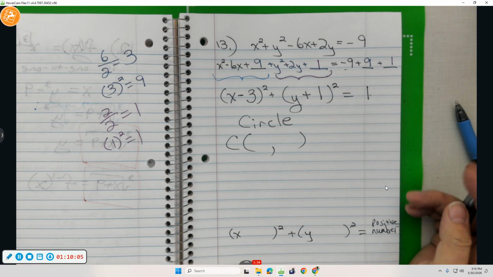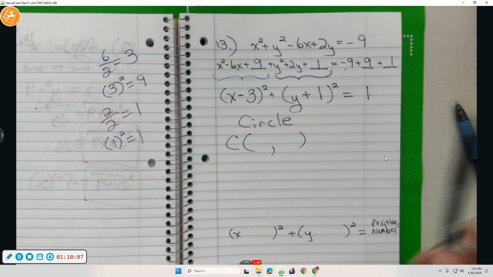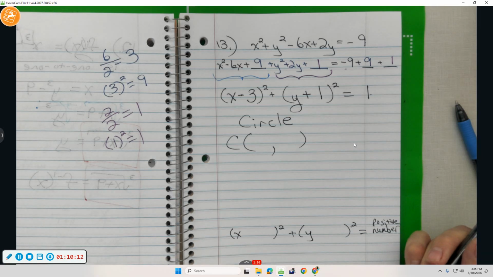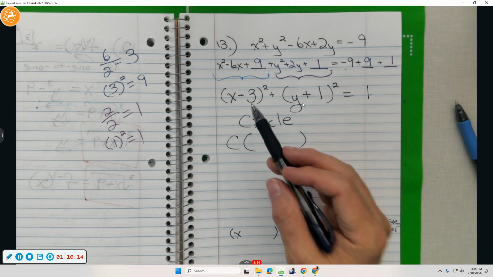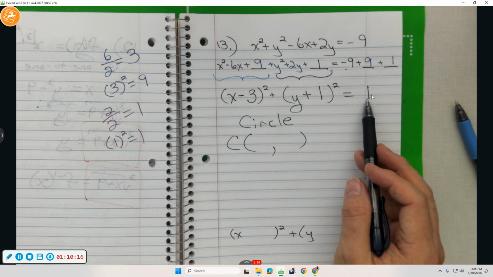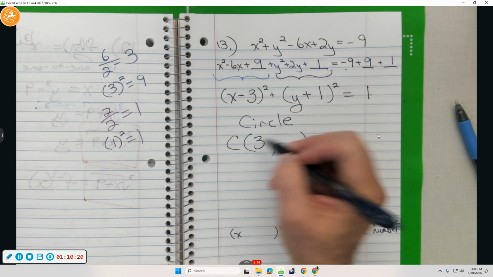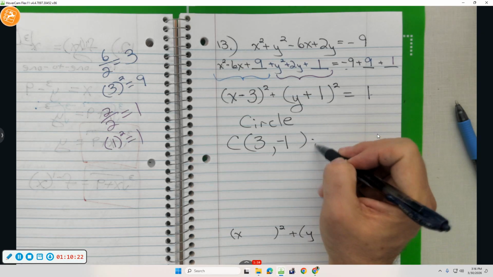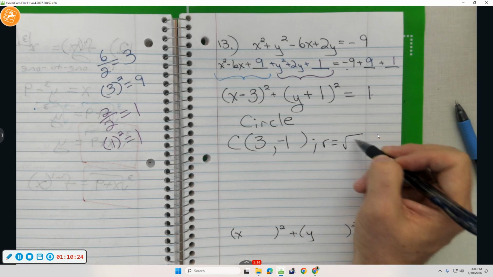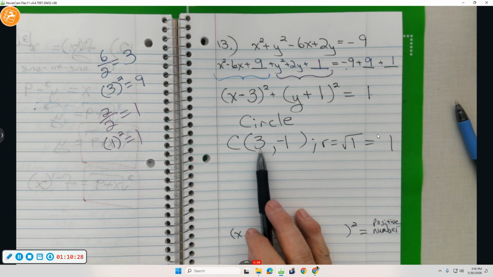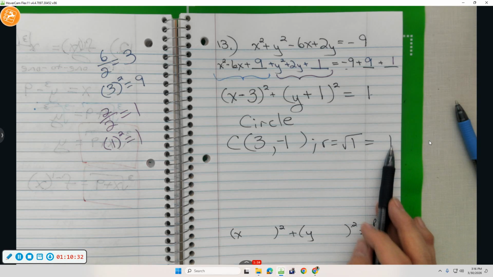Who remembers how we find the center and radius? One of those little sayings we'll be saying in the nursing home: change the sign, change sign, square root. Take the square root. Change sign. Do y'all remember doing this? Take the square root. So the center is at the point 3, negative 1. The radius is 1.